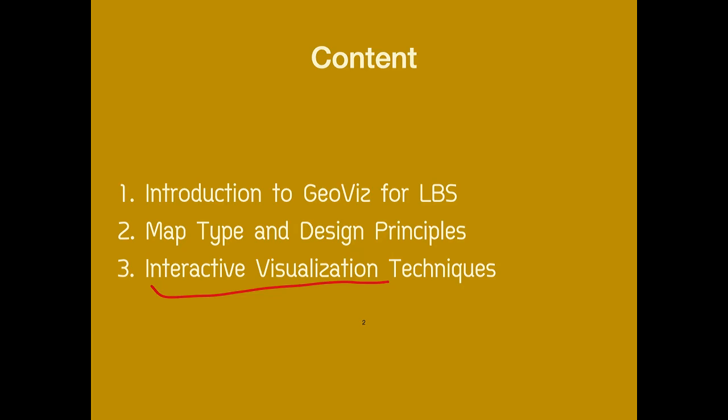User experience and user interface for location-based service. They need to be effective for your implementation or algorithm, so that the user is able to understand and read the map interactively.